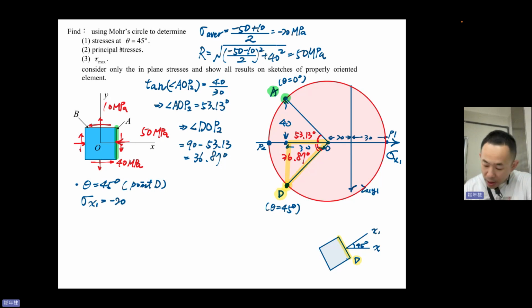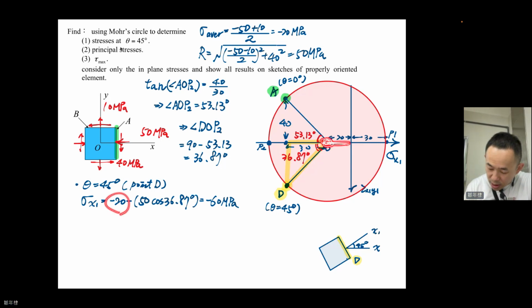Minus 20 minus 50 cosine 36.87. I guess this is junior high school level, right? Minus 20, and minus 50 cosine 36.87. These two lengths added together give the sigma x-axis coordinate for point D. And this is minus 60 MPa.